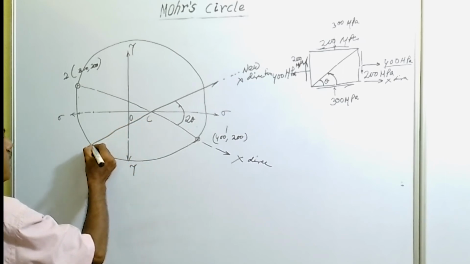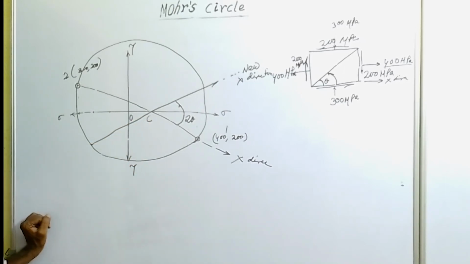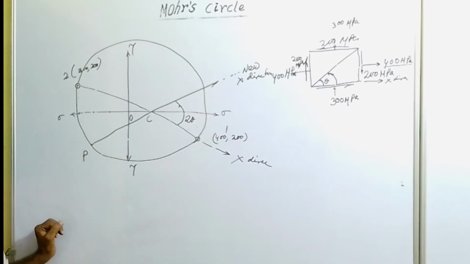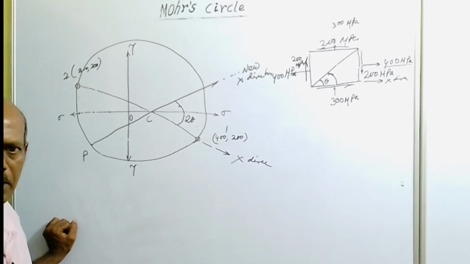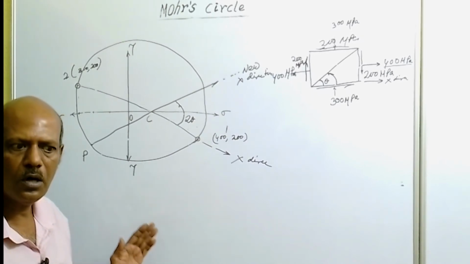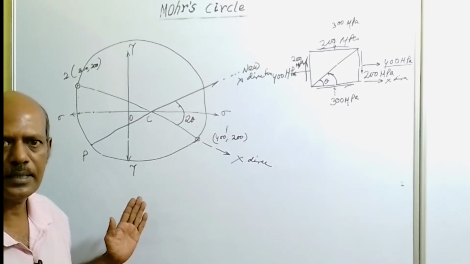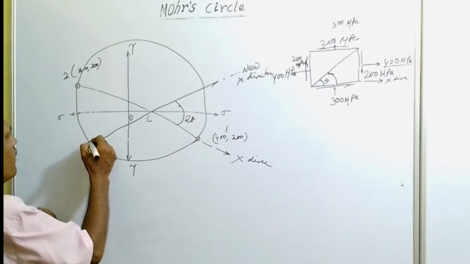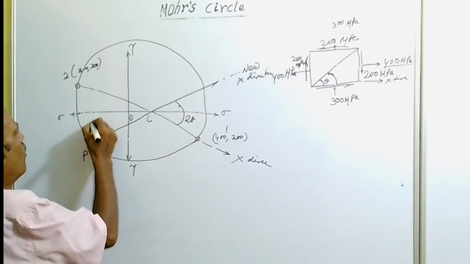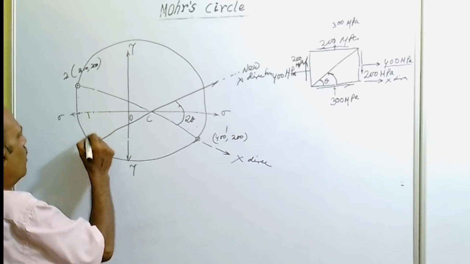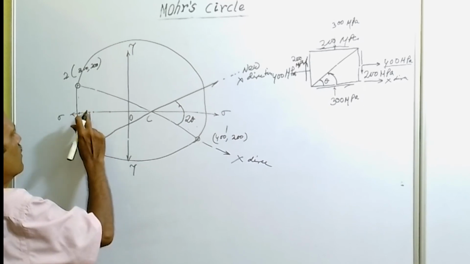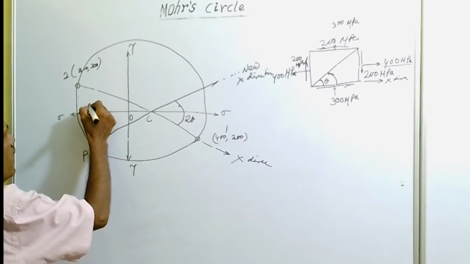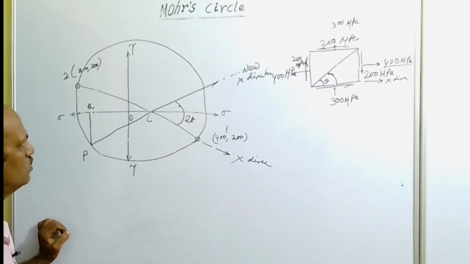It will intersect the circle somewhere, and we mark that point as point P. This point P is known as the foot of the new x direction. Now drop a perpendicular from this point to the sigma axis, and mark this point as Q.